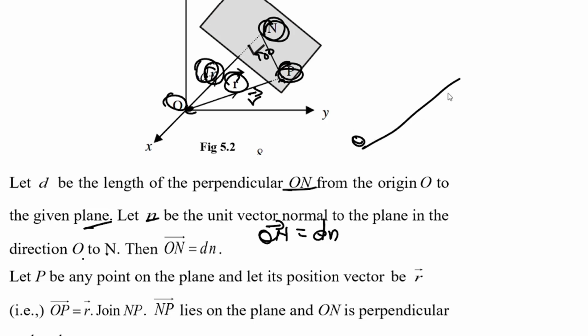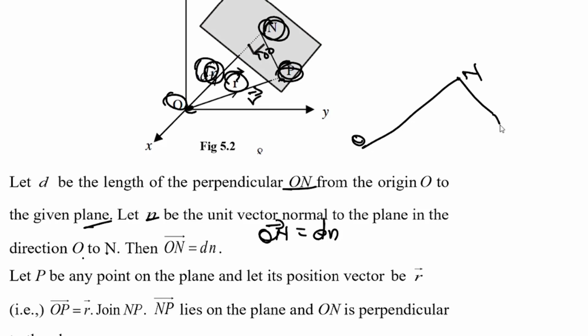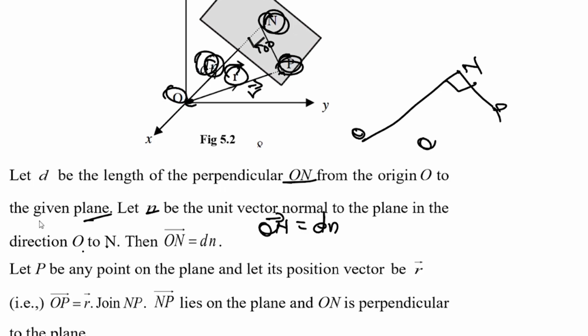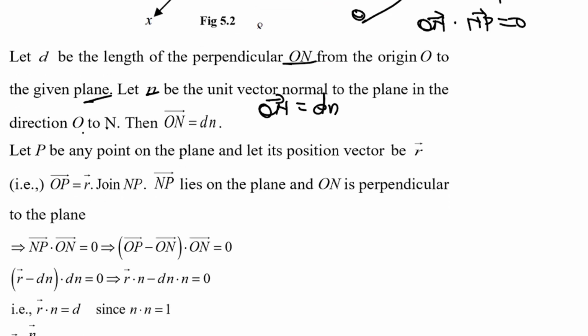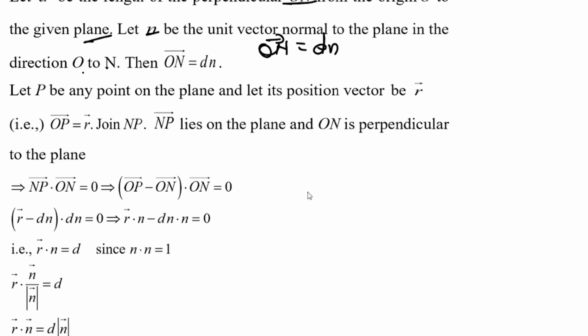Since they are perpendicular, ON dot NP is equal to 0, because we've already said that the dot product between two perpendicular vectors is 0. And NP is equal to OP minus ON.